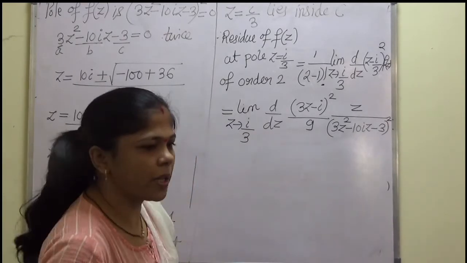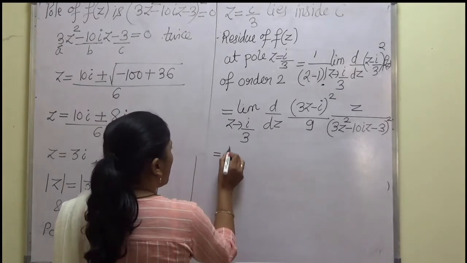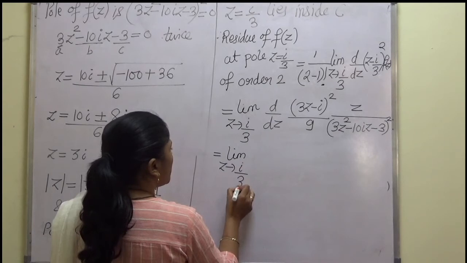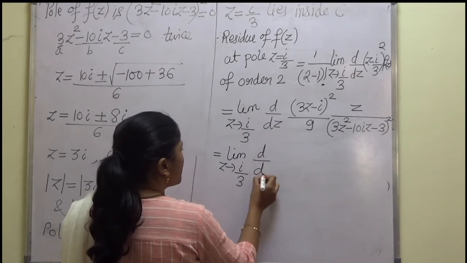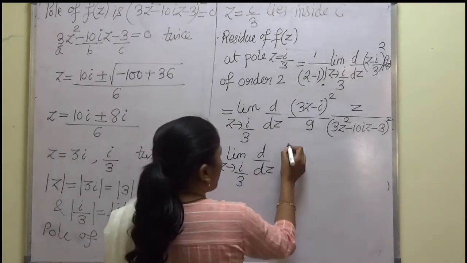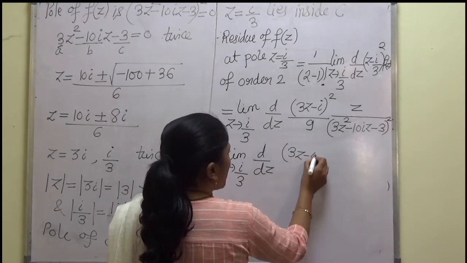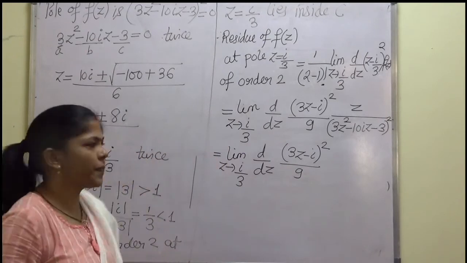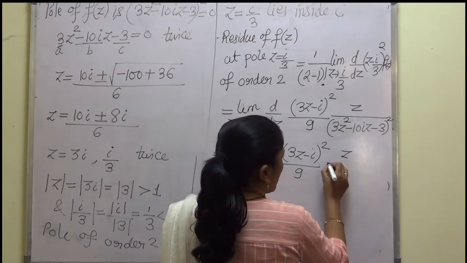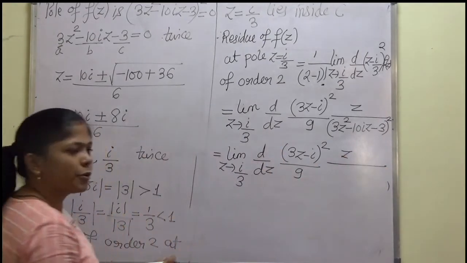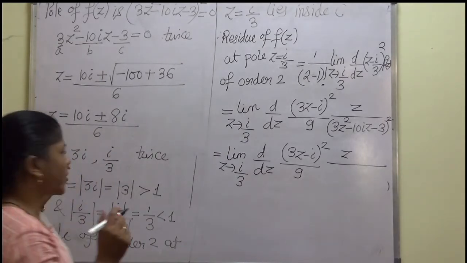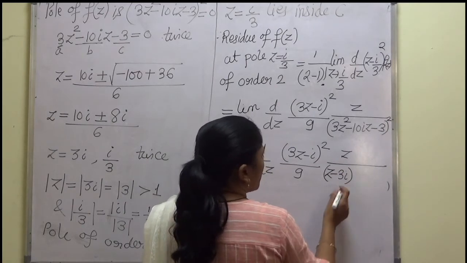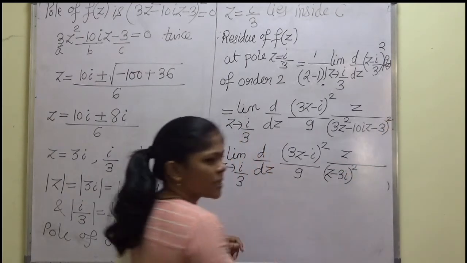So we have this as equal to the limit as z tends to i by 3 of the derivative with respect to z of (3z minus i) whole squared upon 9, then z upon, the roots are z equal to 3i, the first factor will be (z minus 3i) squared.